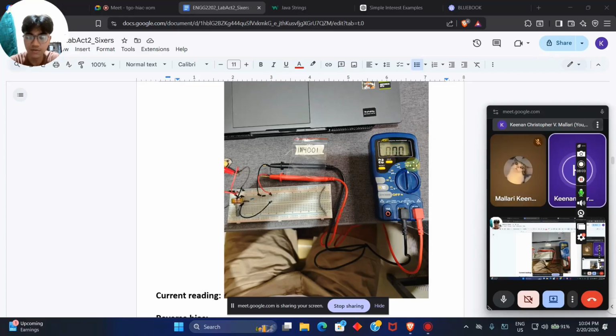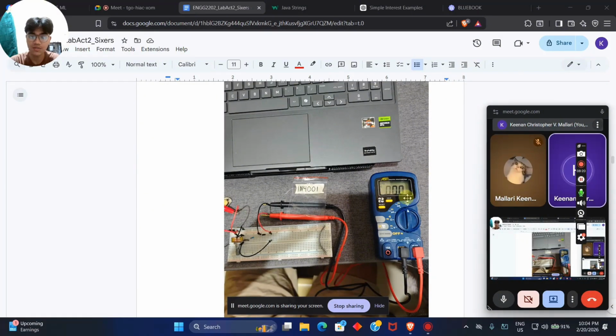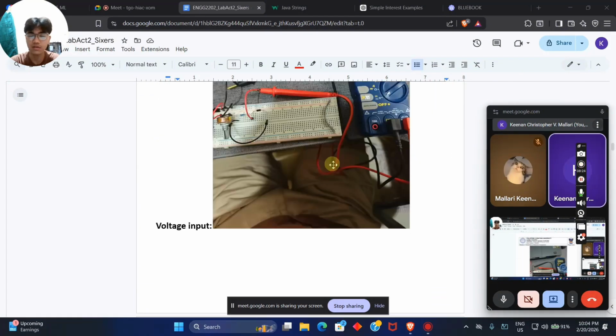And as a reminder, this is direct current. The picture is just not showing it, but I can confirm that it is direct current set on the multimeter. Here it is, 0.000 amperes, and that is correct.